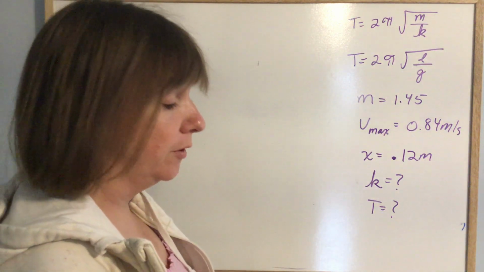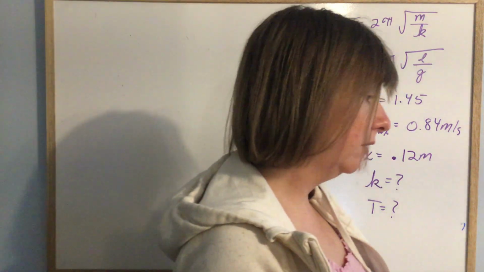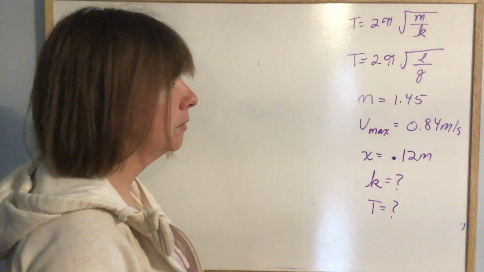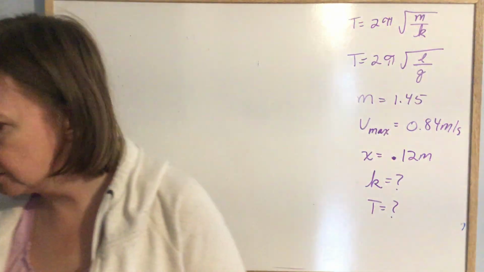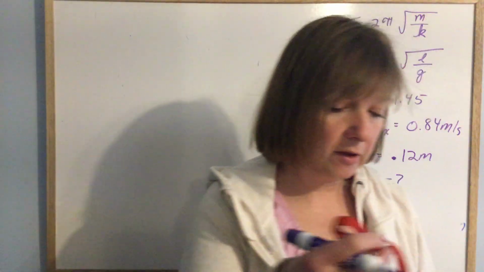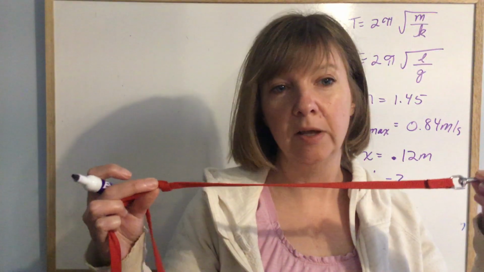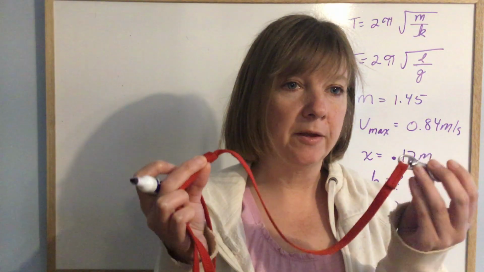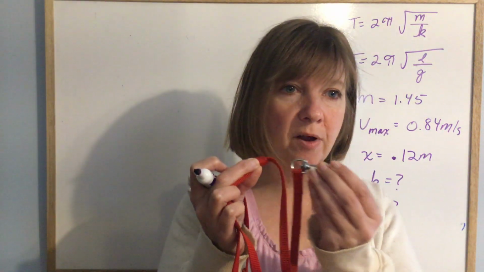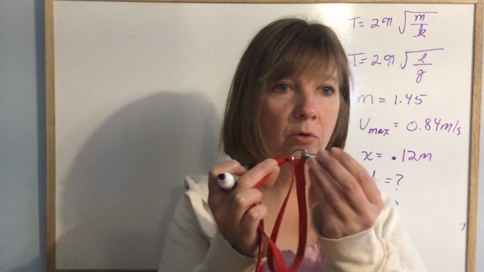So if this were me, the first thing I would think about is that my maximum velocity happens at the middle point, right? It stretches out, it comes back in, and it compresses, and then it goes back. So it's going in and out.